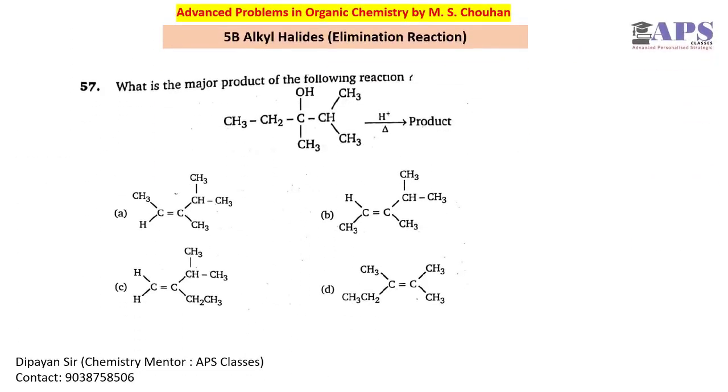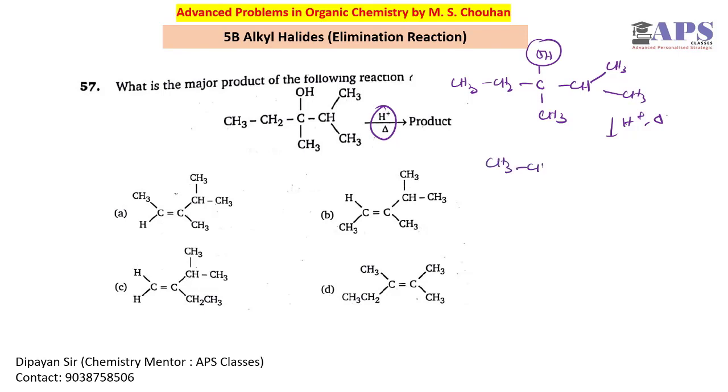Moving forward to question number 57, we have H plus with heat. So CH3, CH2, C-OH, CH3, CH, CH3, CH3. If we add H plus and heat, water will be eliminated, and we have a carbocation like this: CH2, C carbocation, CH3, CH, CH3, CH3.